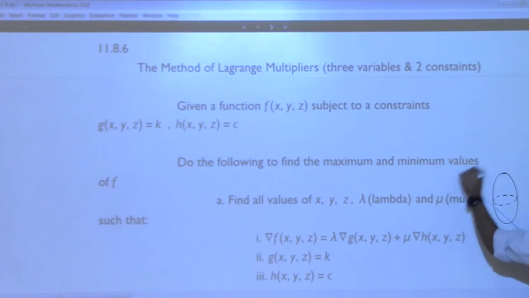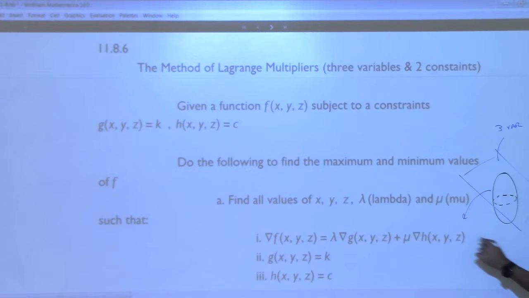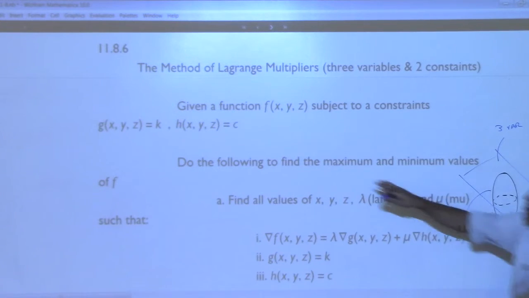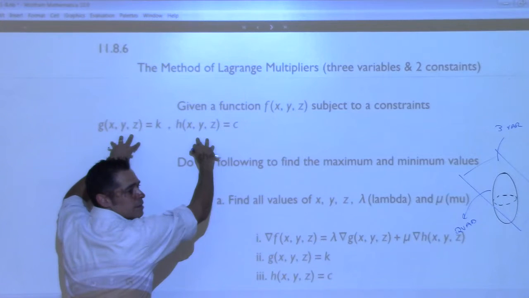What if I had a plane that cut through that eggshell? This equation of the plane has three variables in it, doesn't it? We know plane equations, what they look like. And this right here is a quadratic surface, right? So individually, these two are like the two constraints. Do you all see that? The plane and then the egg.